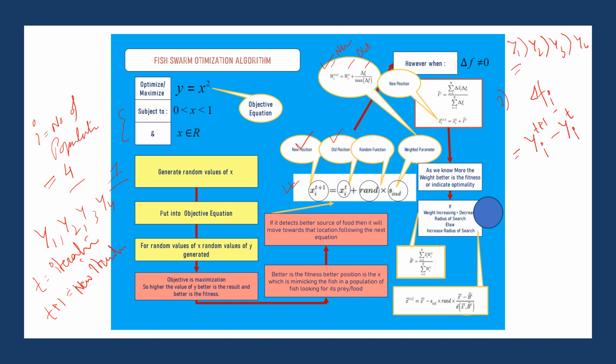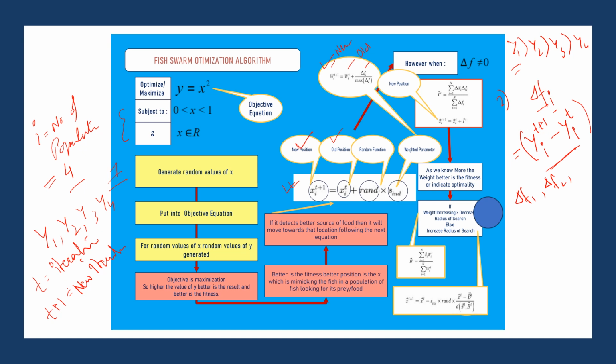So the value of objective function at t plus 1 minus the value of objective function at t for the ith population, this difference is given by del Fi. And as you can recall, there are 4 i's, so there will be 4 such differences, correct? So there will be del F1, del F2, del F3, del F4.